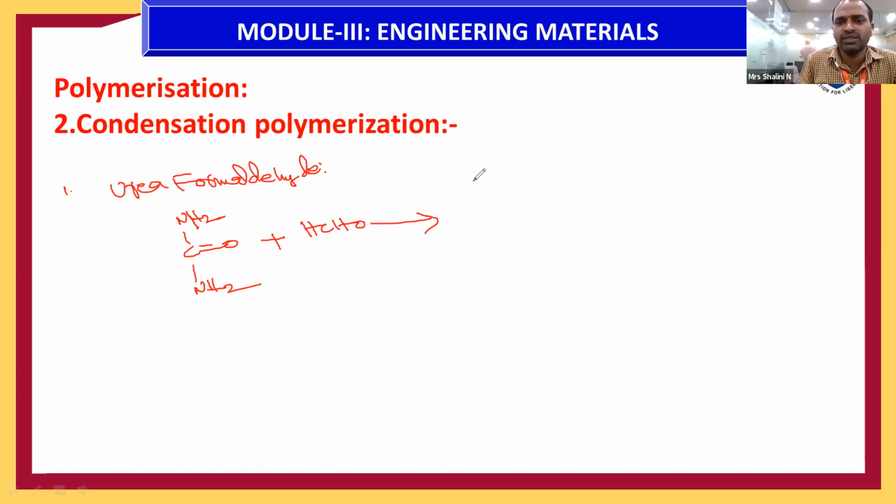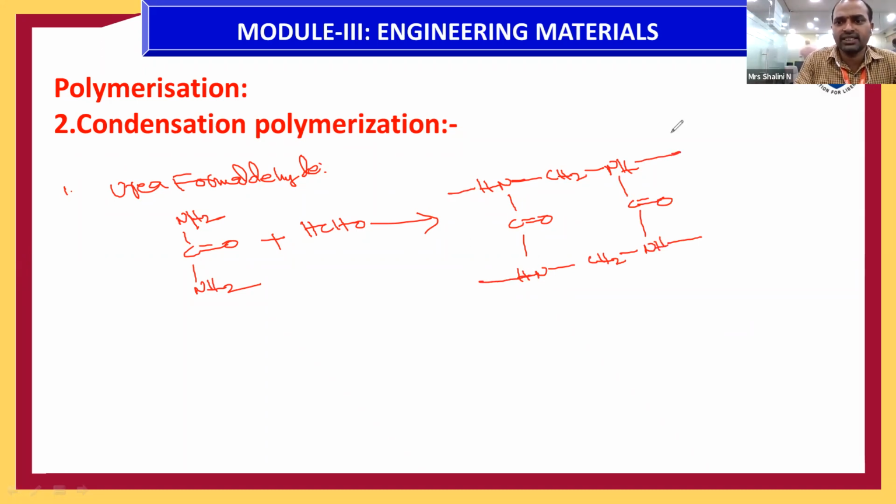How does urea formaldehyde formation take place? HN, C double bond O, HN, CH2, NH, H2, C double bond O, NH.